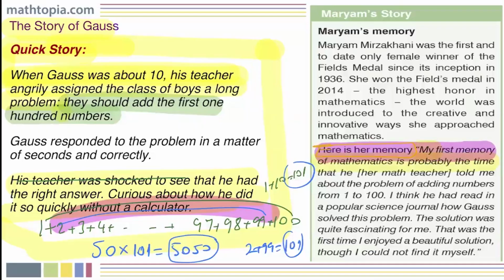My first memory of mathematics is probably the time that my math teacher told me about the problem of adding numbers from 1 to 100. I think he had read in a popular science journal how Gauss solved the problem.